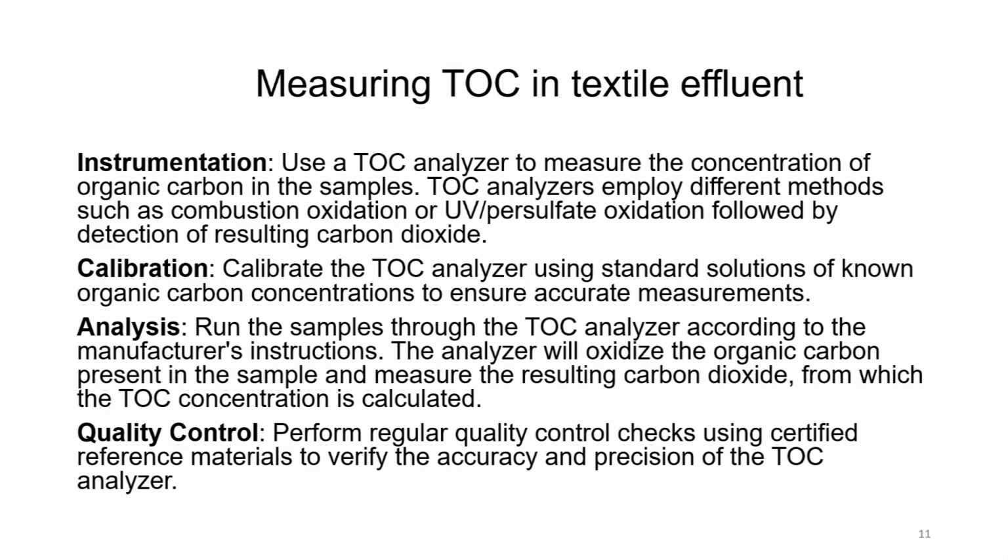Calibration: calibration of the TOC analyzer is done by using a standard solution of known organic carbon concentration to ensure accurate measurements. Analysis: run the samples through the TOC analyzer according to the manufacturer's instructions. The analyzer will oxidize the organic carbon present in the sample and measure the resulting carbon dioxide, from which the TOC concentration is calculated.